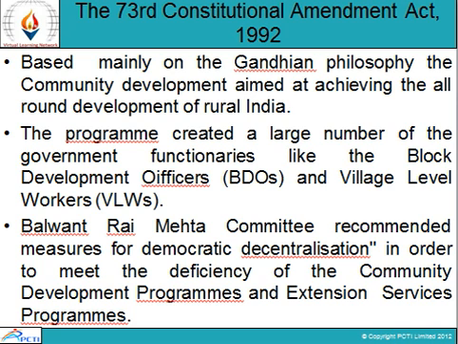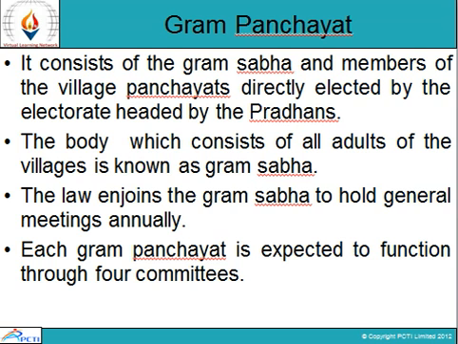The program created a large number of government functionaries like the block development officer and the village level workers. Balwant Rai Mehta Committee recommended measures for democratic decentralization in order to meet the deficiency of the community development program and extension service program.